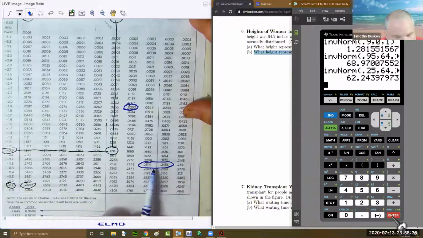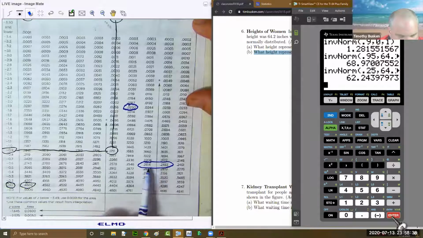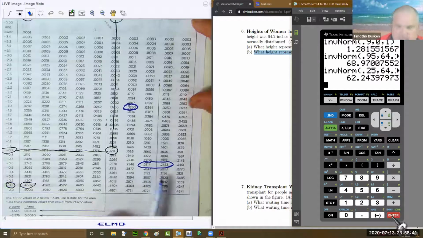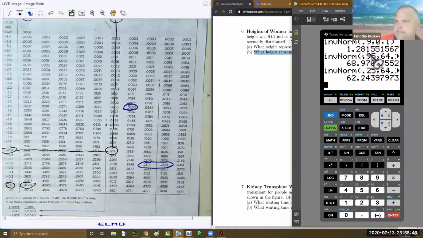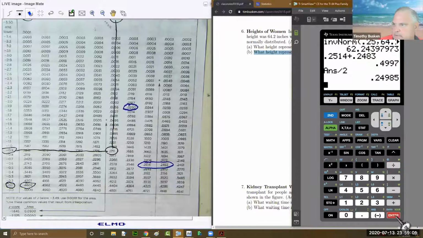To get this value of z, we're going to find the midpoint between these two values. So that's going to give us 0.25, and 4, plus 0.2483, and then we want to divide that by 2. So you can see that is about 25%.